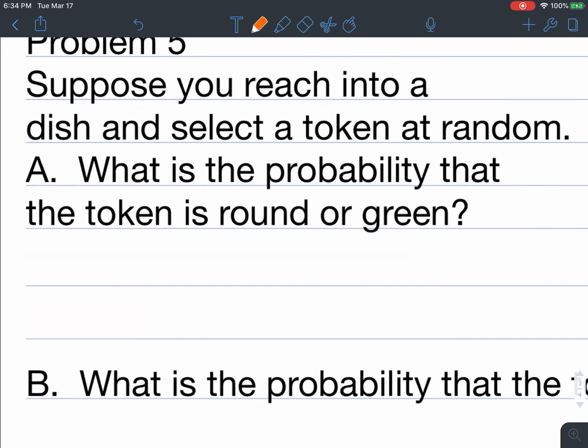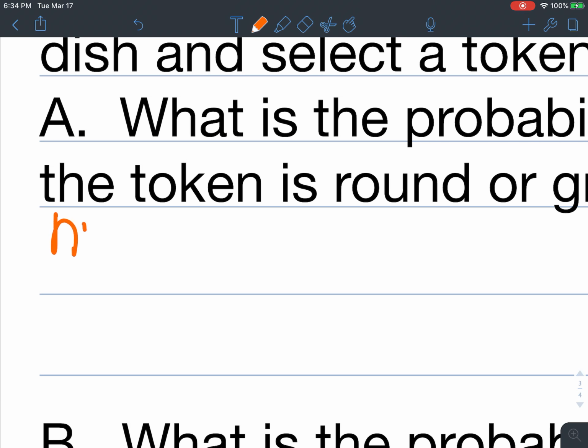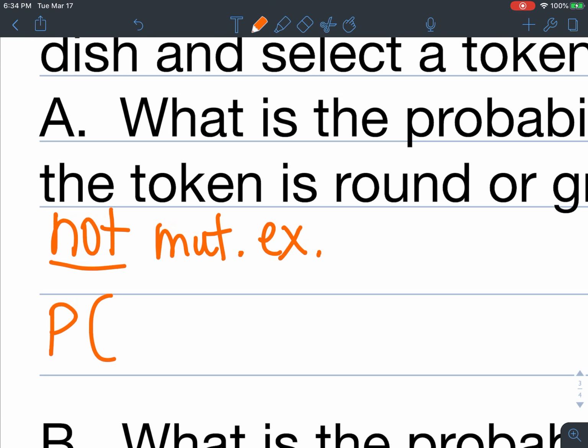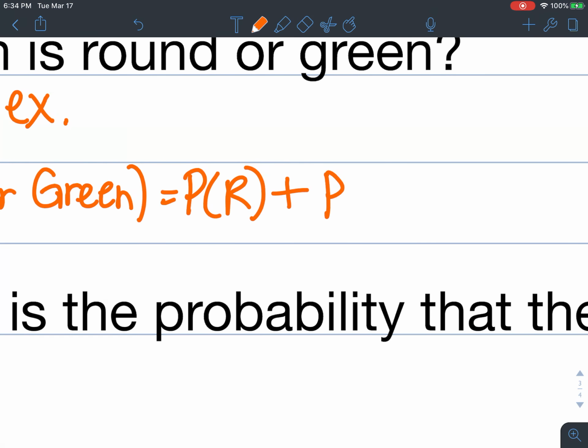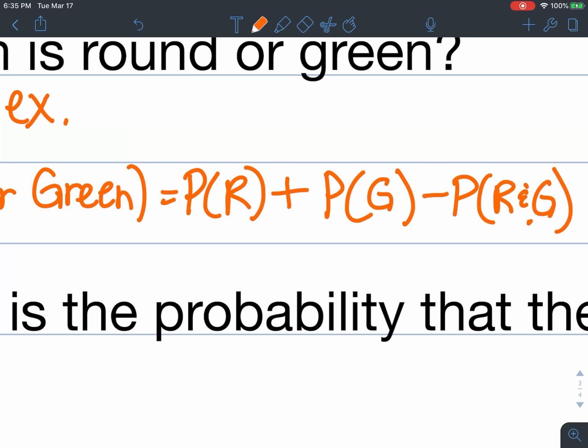Okay, so these are not mutually exclusive. Therefore, the probability of being round or green is the probability of being round plus the probability of being green minus the probability of being round and green.